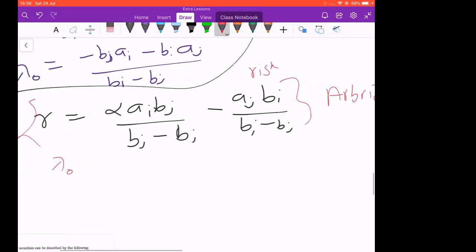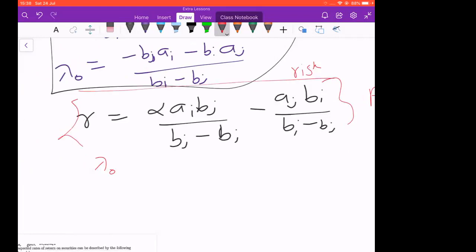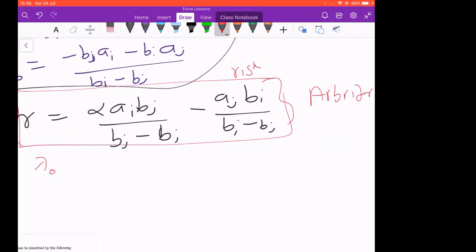So it's possible that this cannot be equal to 0. So that is why they do not explicitly write it as equal to the risk-free rate.